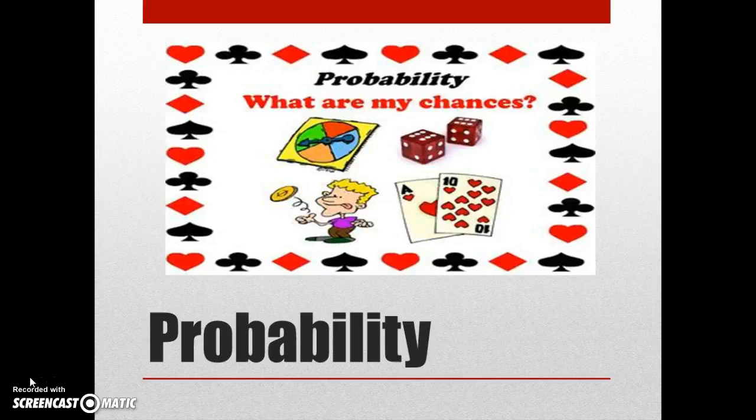Or when you flip a coin, what are your chances that it'll land on heads? What are your chances that it'll land on tails? And even the deck of cards, when you're trying to figure out what your chances are of pulling out an ace. This is all probability. We see this all the time. We just don't think about how it's mathematical and how it's something we learn in school.